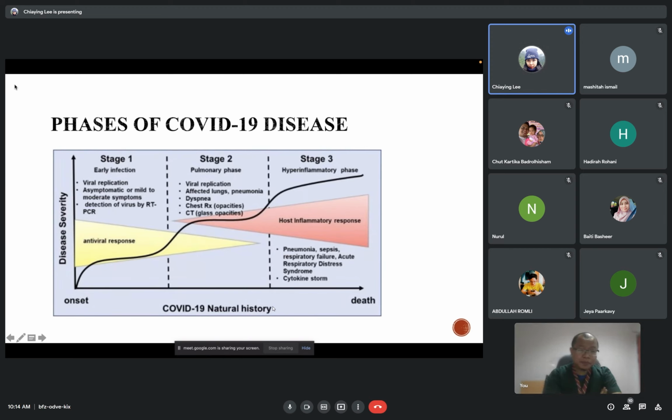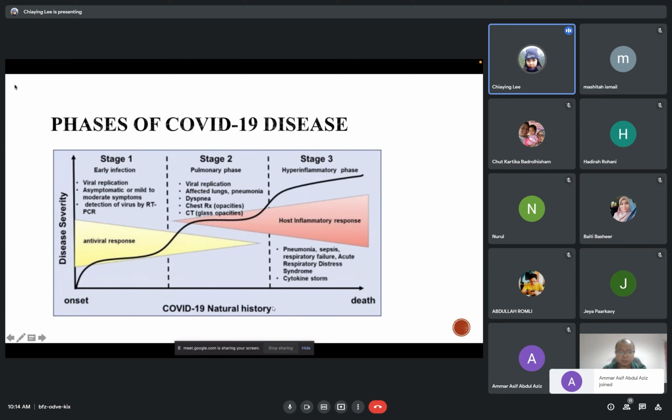So if you notice this graph, there's actually a biphasic, fluctuating kind of response, which means that patients may come in with symptoms, which eventually get better before the condition worsens.